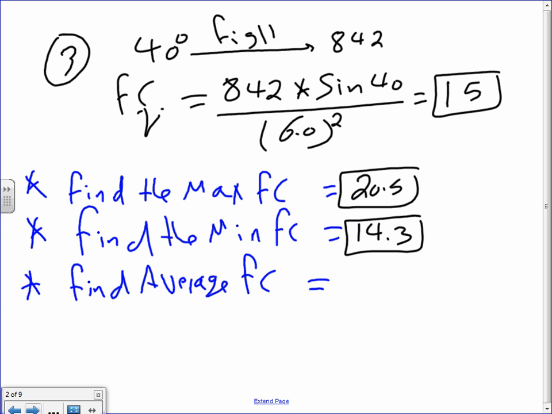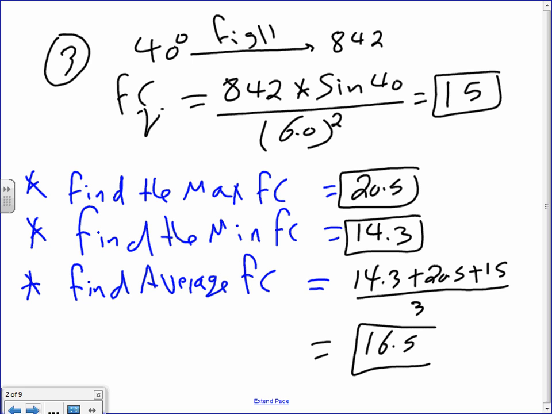And the average is adding them up, 14.3 plus 20.5 plus 15, dividing by 3, and that, gentlemen, will get you 16.5. And that's what visual will do when they do vertical or horizontal foot candle calculation.